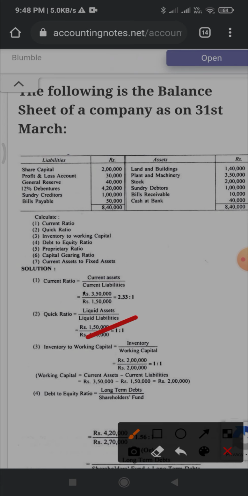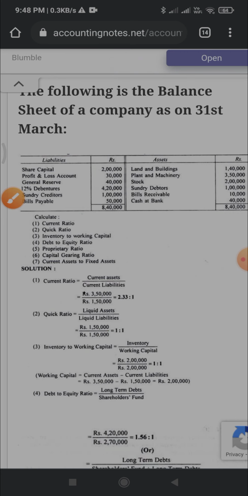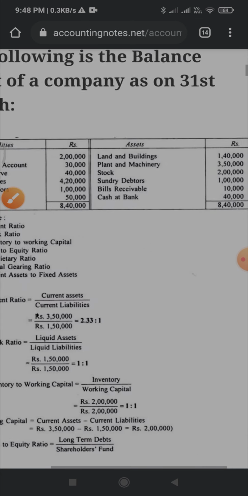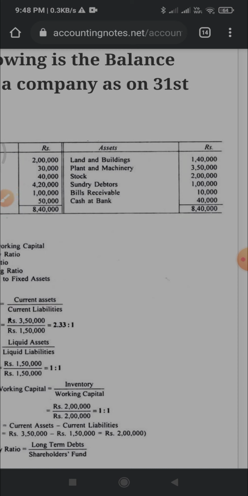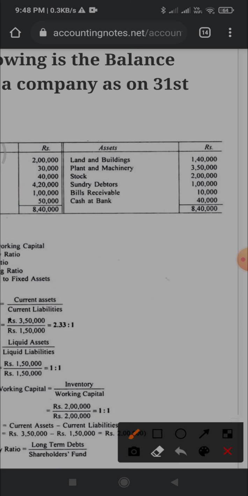So what are the current assets? First we need to understand what the current assets are. Stock is called a current asset. Sundry debtors is called a current asset.